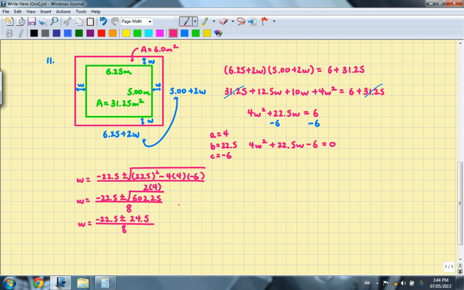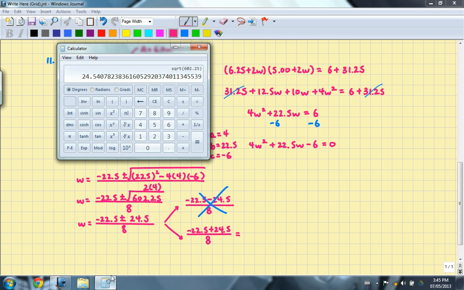So you can clearly see that one of our solutions would not be valid. The negative one will not work because we have negative 22.5 minus 24.5, which will make for a negative number, and we cannot have a negative width. So this solution will be rejected. On the other hand, the negative 22.5 plus 24.5 solution, divided by 8, that will be positive, and we can actually do something with that one.